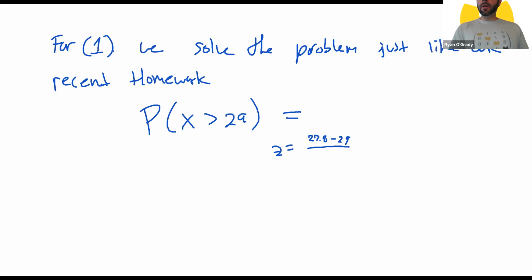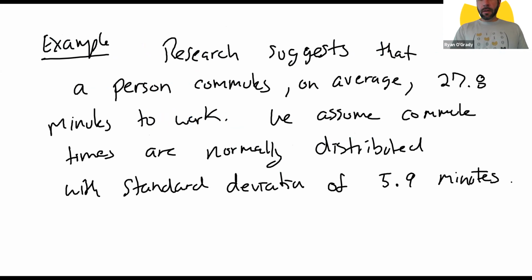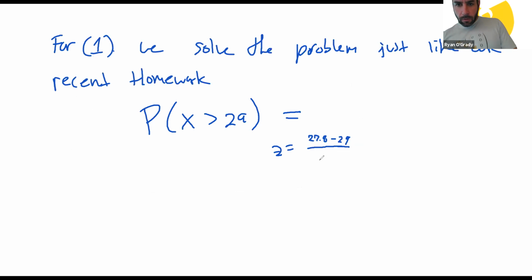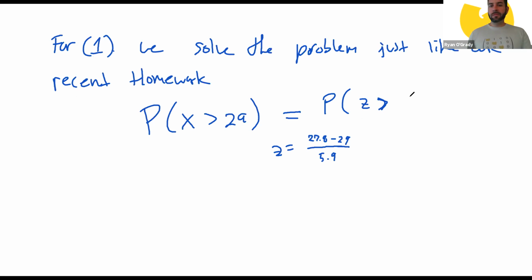And then the standard deviation, what was that? It's 5.9. So this would be the probability that Z is greater than this number, which I have to go to a calculator for.